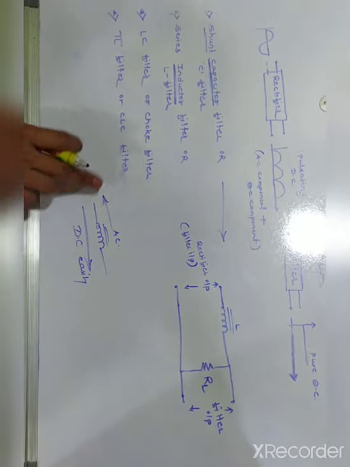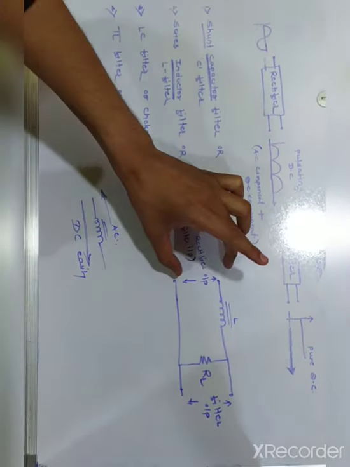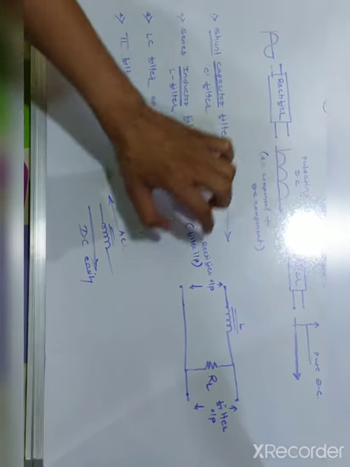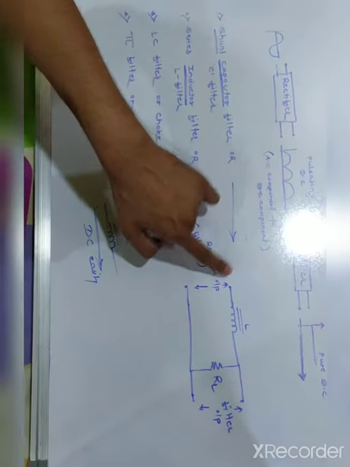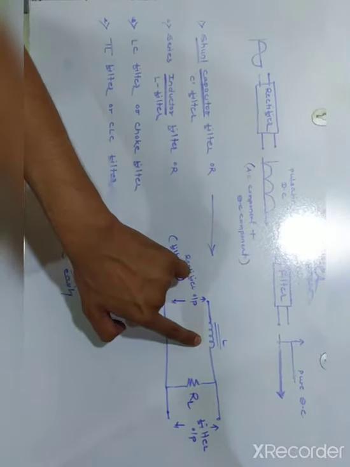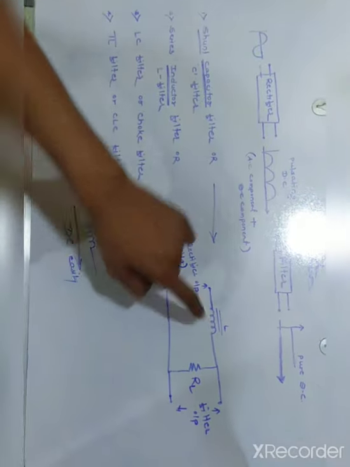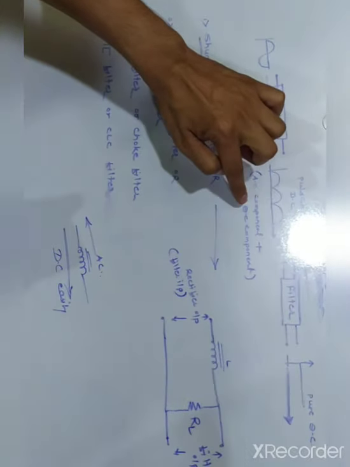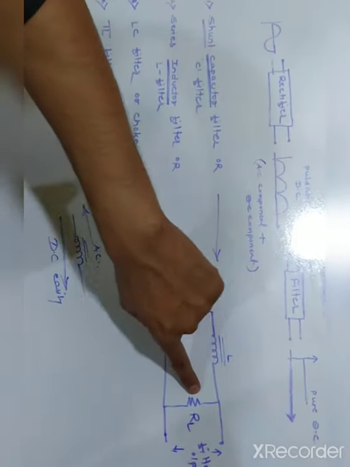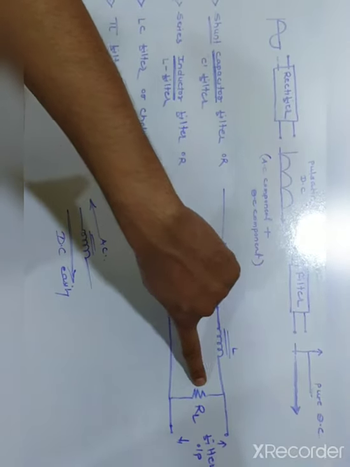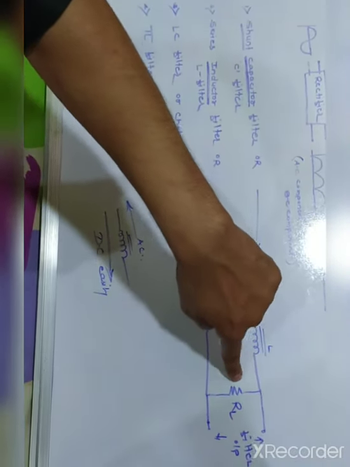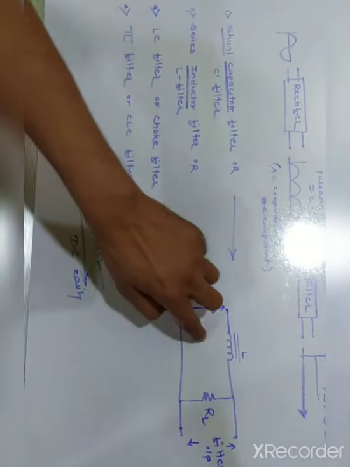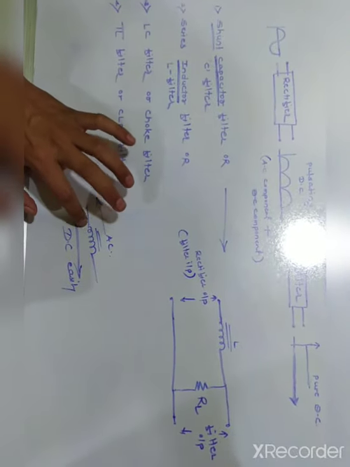The rectifier output consists of AC components plus DC components, both combined. When this output is given to the inductor, the inductor opposes the AC components, and only the DC components try to reach the load. So here you get the possibility of getting a DC signal only. Everything depends on the property of the inductor.